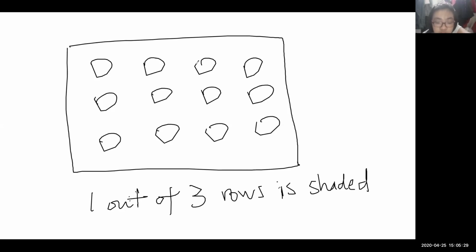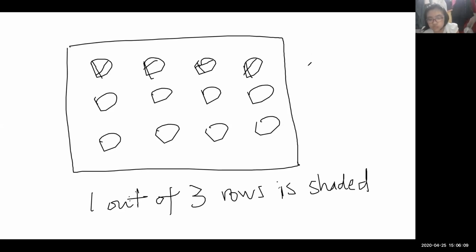Your turn. Grab the mouse. Go ahead. Very good. Okay, this is correct. So this is 1 out of 3 rows is shaded.